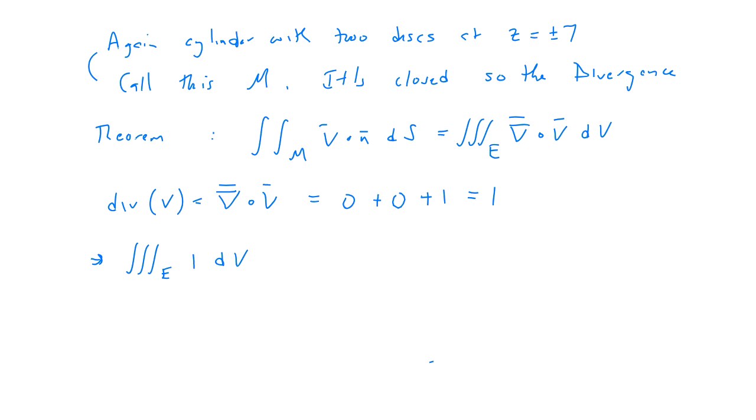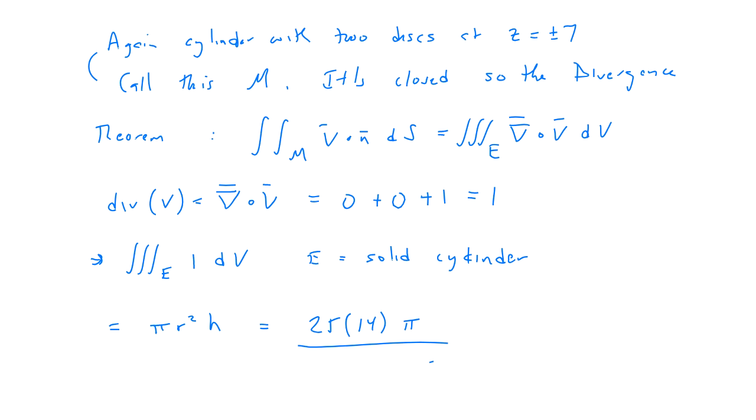And here E is the solid cylinder. So you can see this is just going to give us the volume of the solid cylinder. And we know the volume of a solid cylinder is pi r squared times h. And r here was 5, so we get 25. H is, we're going from -7 to 7, so h is 14. And then times the pi.